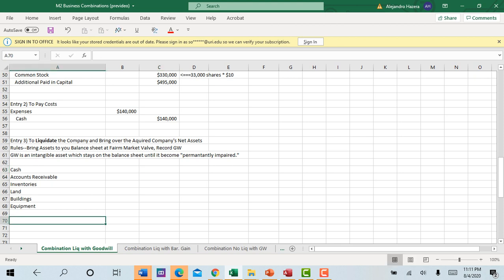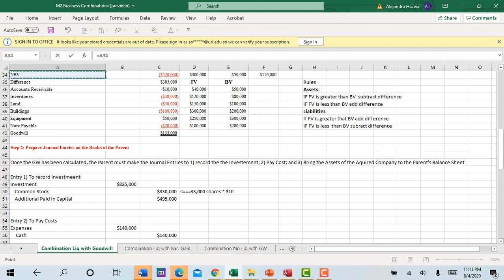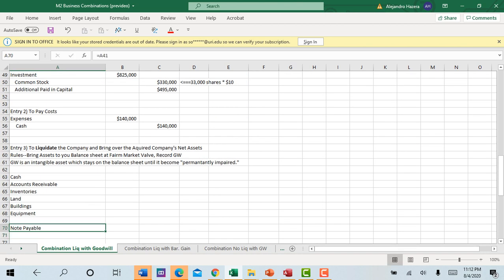Next thing we're going to bring over is the liabilities. These are going to be credits because there's only one liability, which is note payable there. I'm just going to write it in note payable.